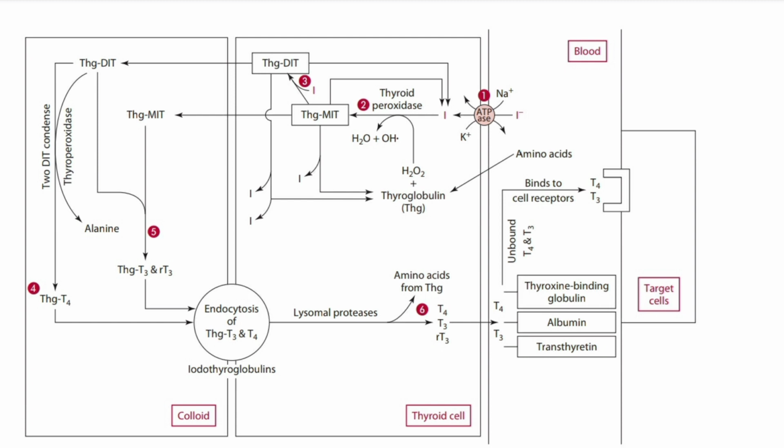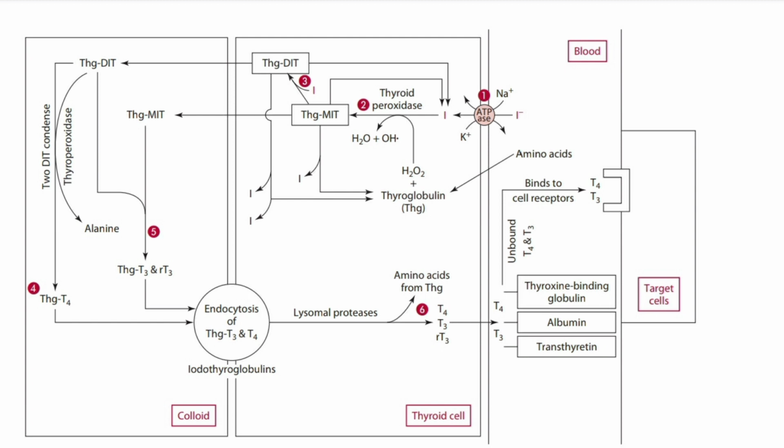The plasma concentration of T4 is nearly 50 times that of T3, but T3 is many times more potent on an equal molar basis. Several tissues can deiodinate T4 to generate T3 and RT3. Most T3 in the blood has been synthesized in the liver from T4.